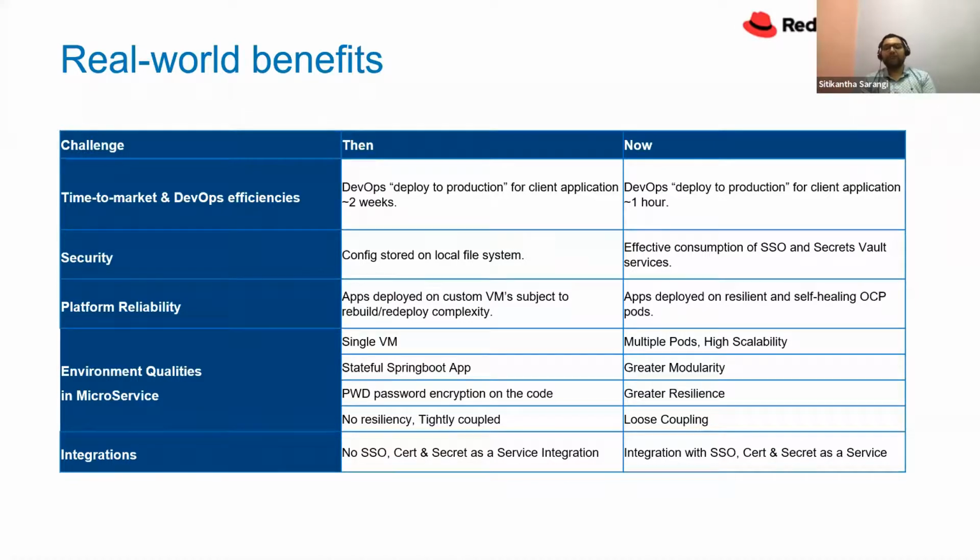That is how our OpenShift Container Platform is helping businesses transform themselves.